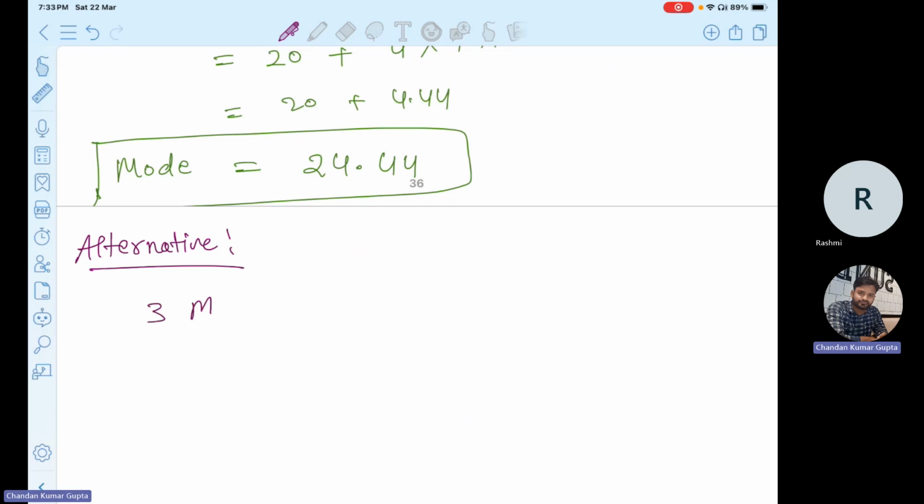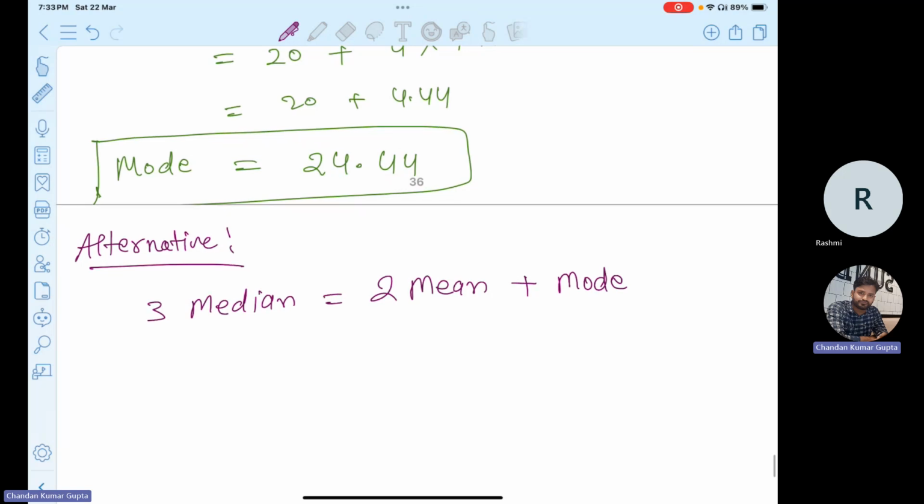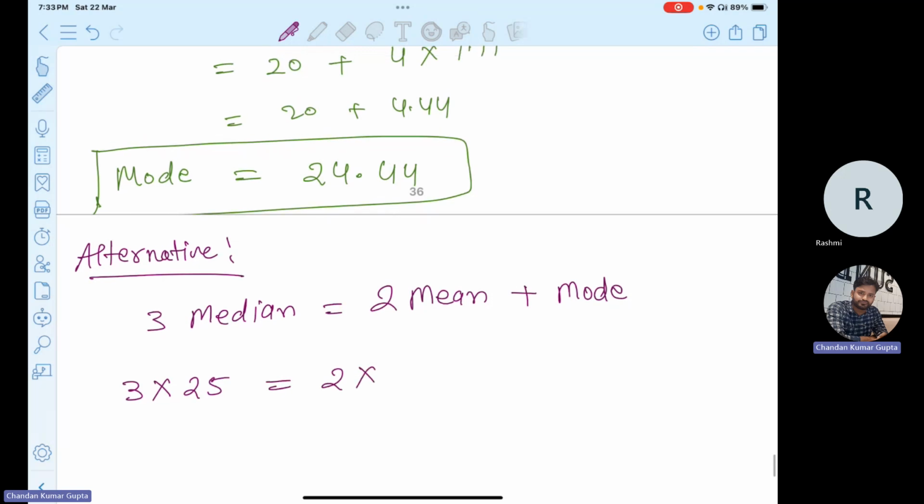We have 3 median equal to twice of mean plus mode. This is the empirical relation between the mean, median, and mode. So we have calculated the median value, so it is 3 into the median value, which is 25 actually. And twice the mean value is 25.2.